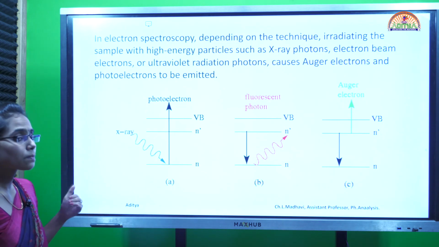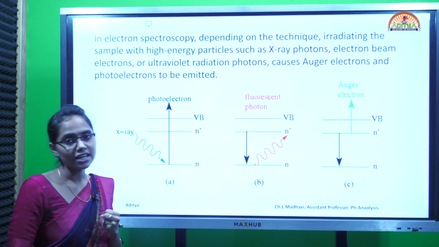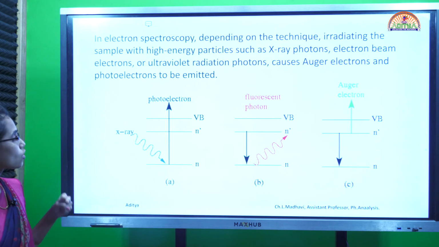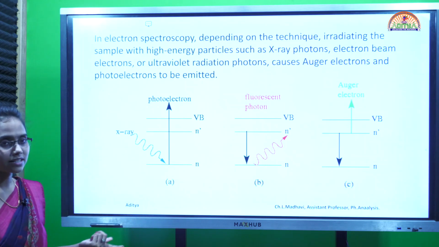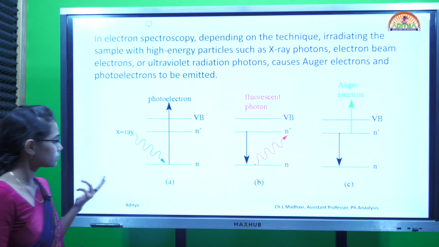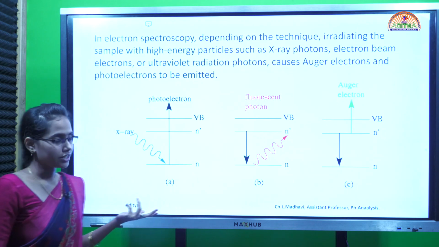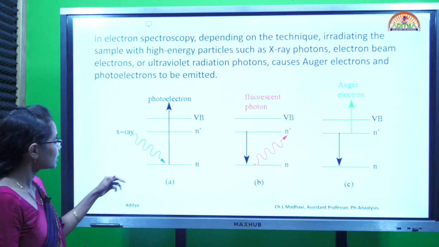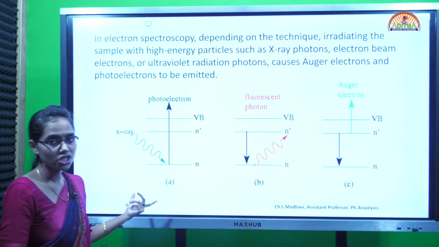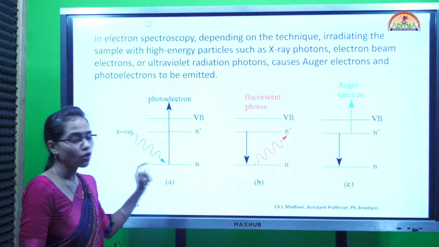The electron produced by taking energy from a photon is called a photoelectron, and that photon can be from an X-ray or from UV radiation. Whenever a photoelectron is formed, that is, whenever an electron is ejected from the inner shell, it results in the formation of a hole.